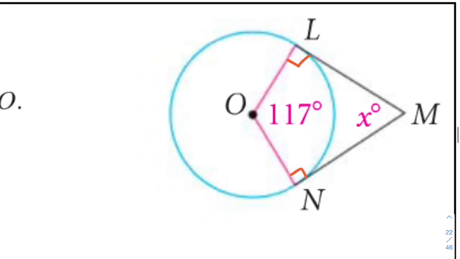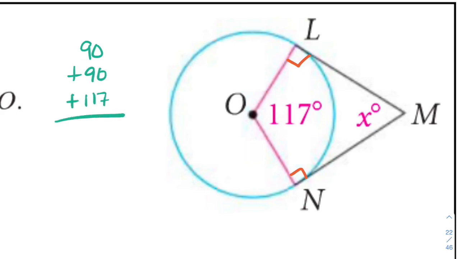The way to do that, knowing that this is a quadrilateral, we have 4 sides, meaning that we're going to have 360 total degrees, right? So we're going to do 90 plus 90 plus 117.